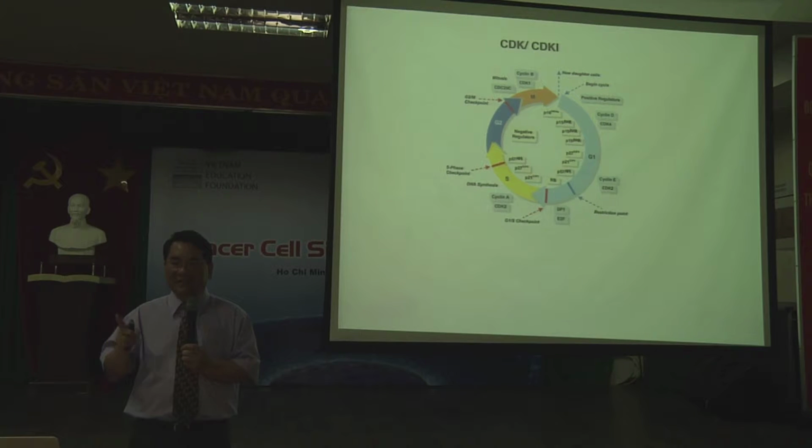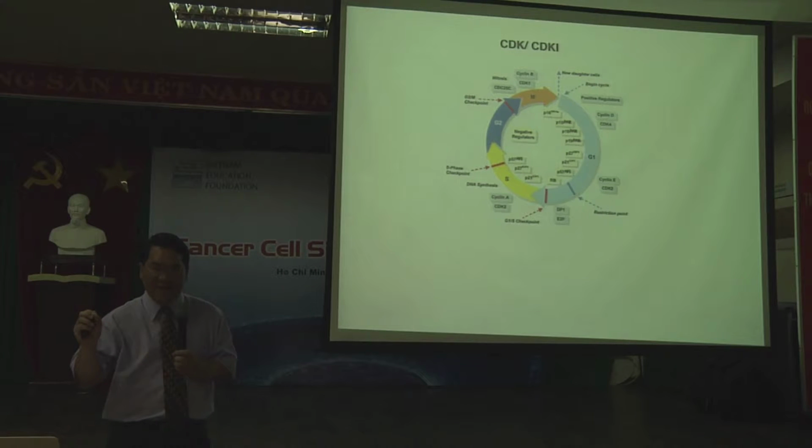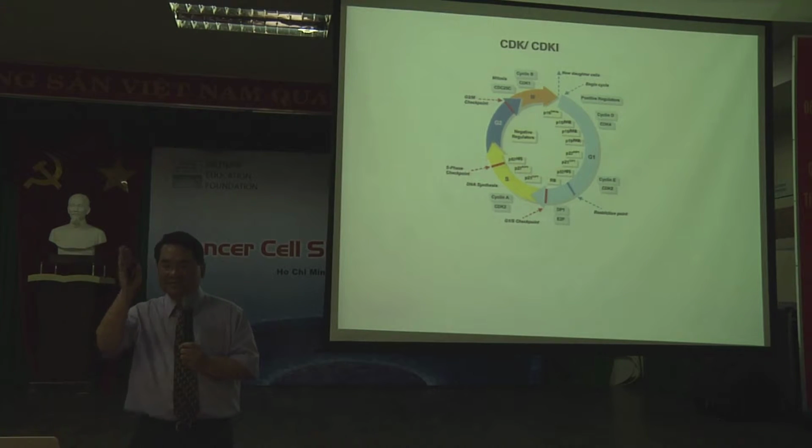The mechanism it uses is to sequester the CDK from going to the nucleus. Because the cyclin CDK needs to go to the nucleus in order to be activated and to carry out its biological activity. But 14-3-3 sigma prevents CDK from going to the nucleus.